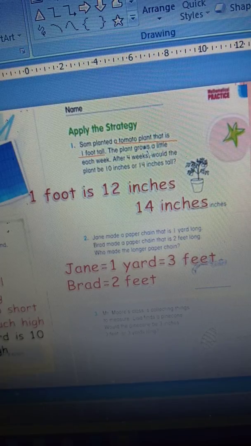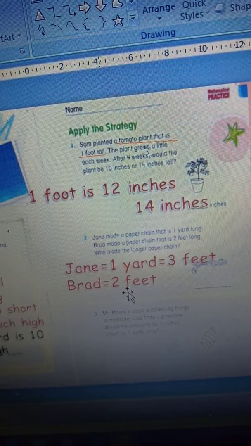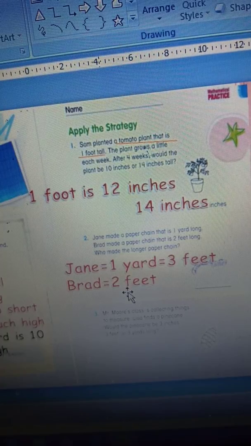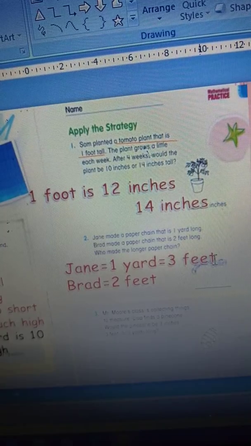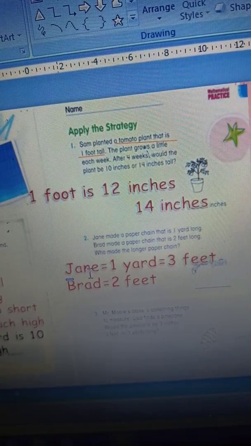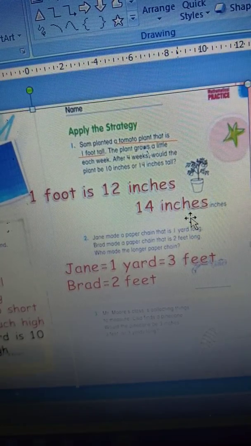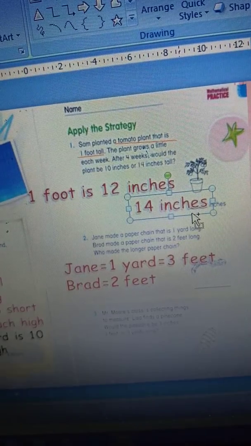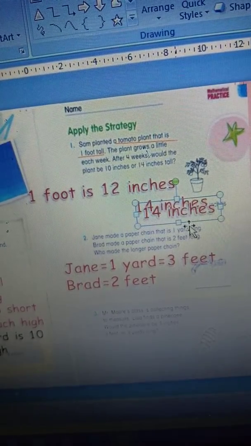Now, the question. Who made the longer paper chain? So, Jane has 1 yard, which is 3 feet. Brad is 2 feet. So, which is the longer? Yes, the 3 feet. And who is that one? Correct. It is Jane. Exactly. So, you will write here the word Jane.